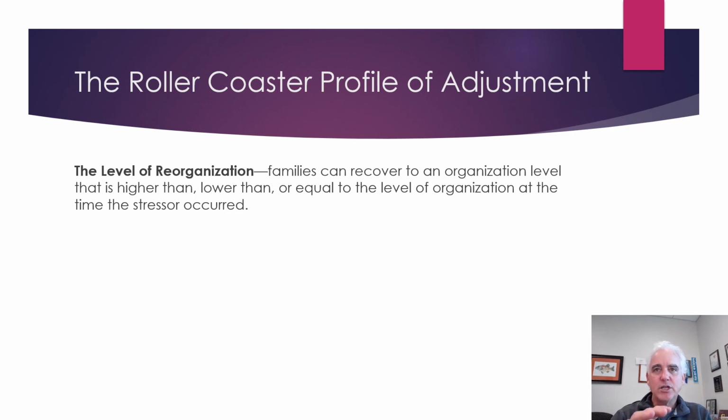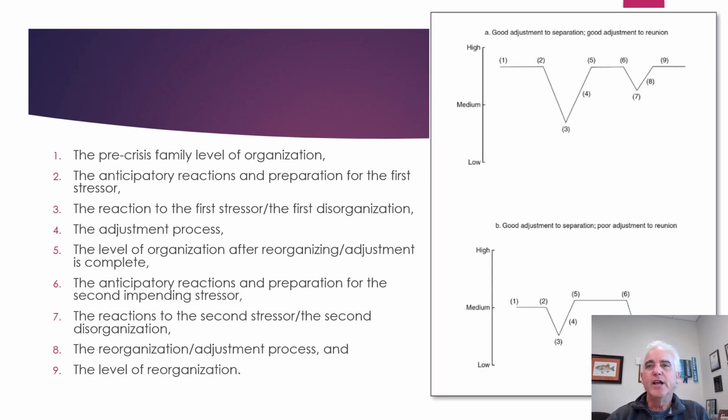So let's look at these various roller coasters for a minute in the next slide, okay? We'll go through the diagrams a bit. Here you can see on the right-hand side the diagrams, on the left-hand side the nine phases. Unfortunately, my head is in a bad place, so you have to trust me on this because you can't see the bottom right.